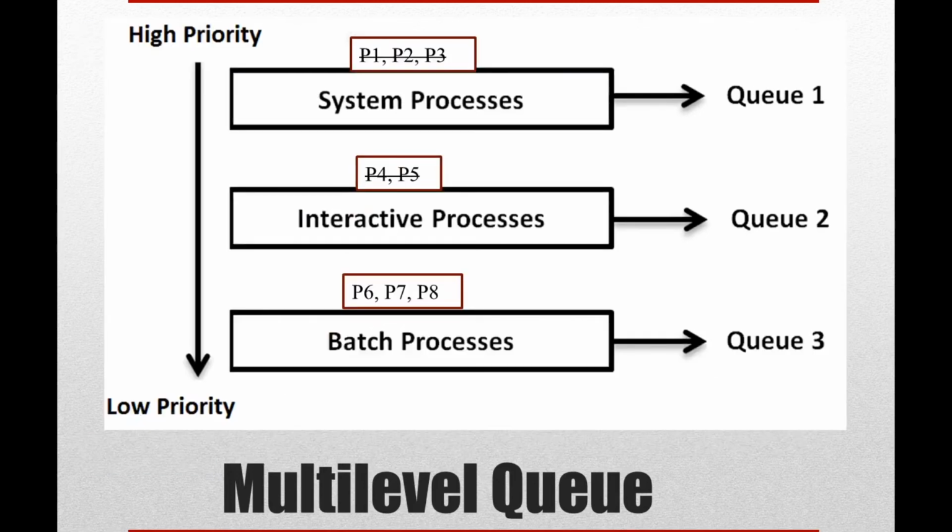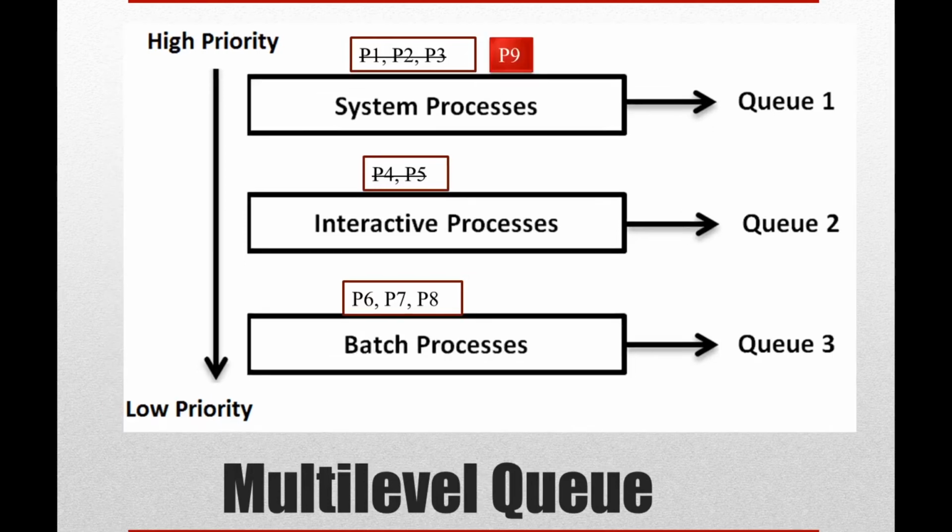Now, assuming all system processes and interactive processes are already executed by the CPU. The next in the ready queue are the batch processes. But then, for example, one process entered in the system processes.